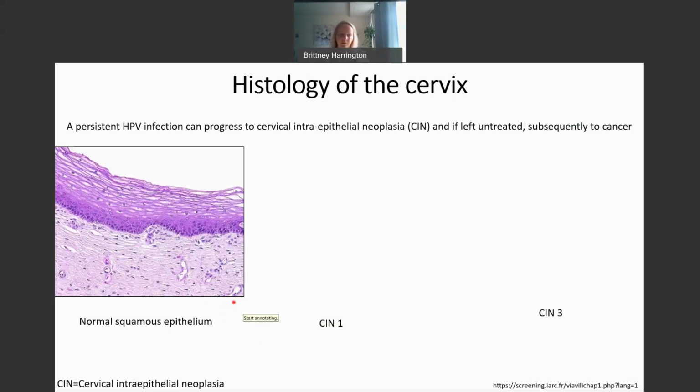So you get highlighting of the nuclei. In this section, we have layers of just stroma underneath the epithelium. And this densely packed region of cells is the basal layer. You can see many nuclei and lots of proliferation.